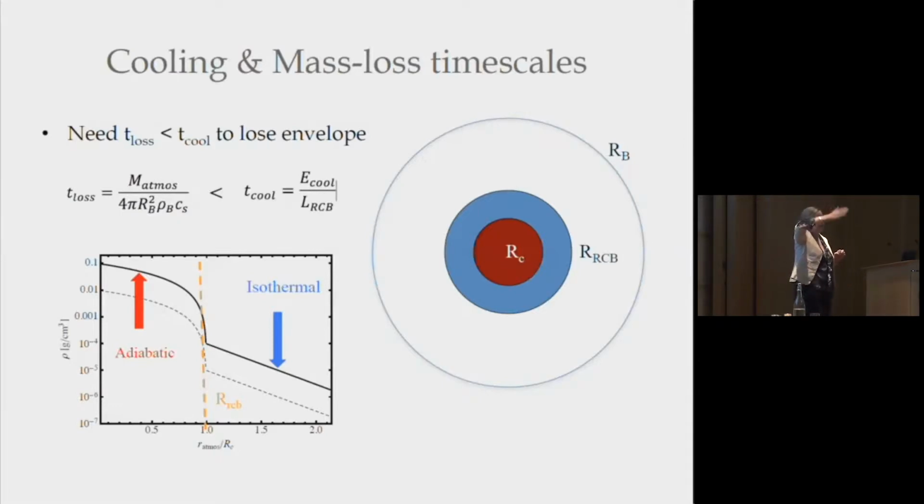Because you have an exponential tail in there, and so as soon as you increase the region over which this exponent is extending just a little bit, the mass loss rate drops significantly, and you can shut off the mass loss, and you can cool a little bit more and save your atmosphere. So what I'll show you is the criterion for keeping most of the envelopes is that basically your cooling timescale has to become faster than your mass loss timescale. Okay, so much for theory.